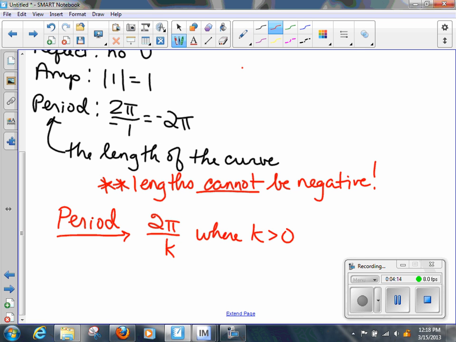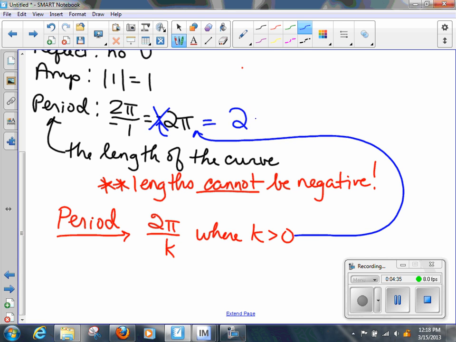So by the definition, then what do I have to do to this negative symbol? I just have to disregard it. And I have to make sure that it's positive. Okay? Because of that definition, the period becomes positive.